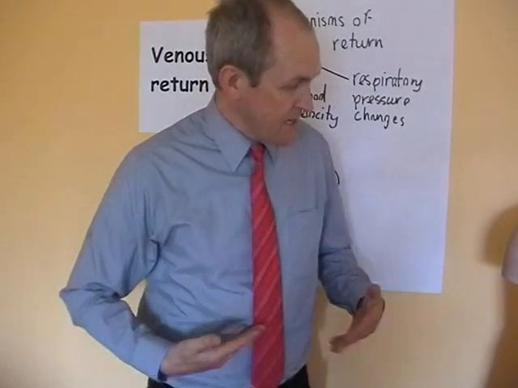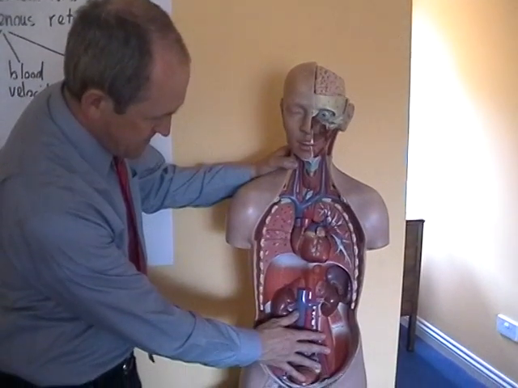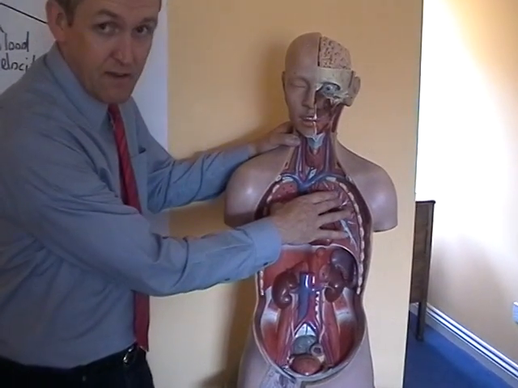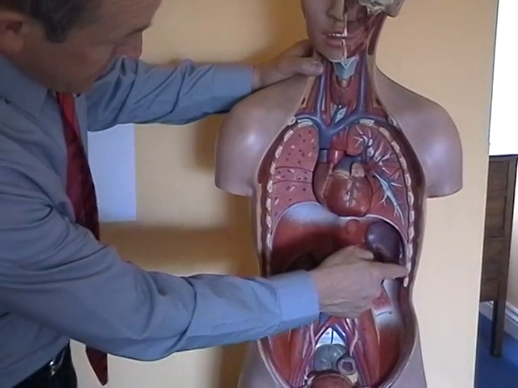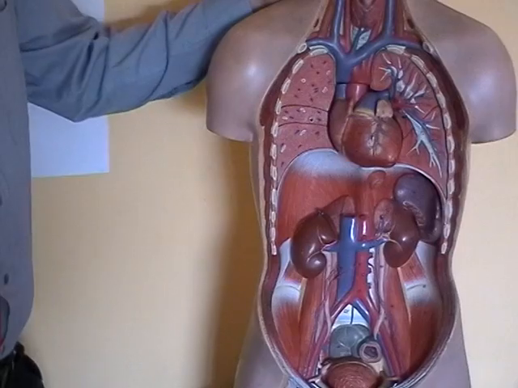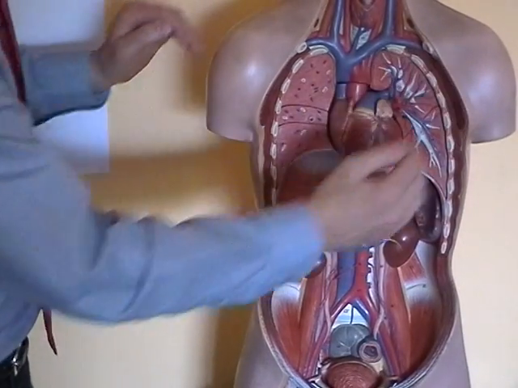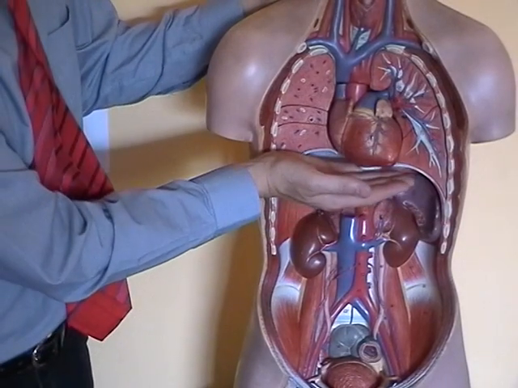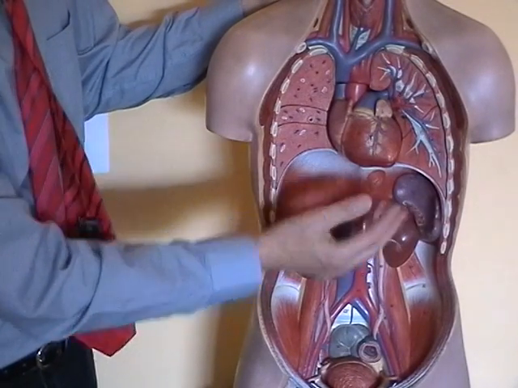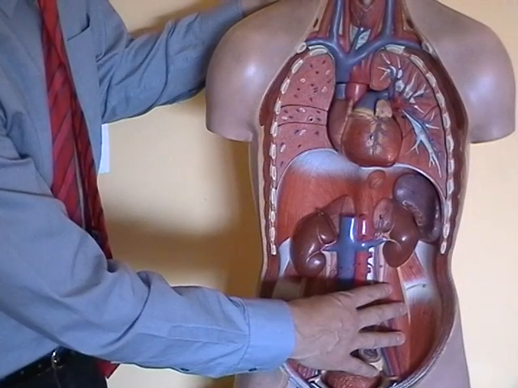Now we can see this fairly clearly on this model. Here we have the abdominal cavity, here we have the thoracic cavity, and here we have the diaphragm. Now when you want to breathe in, the diaphragm goes down and the ribs go up and out. Now because the diaphragm is going down, it's increasing the pressure on the contents of the abdominal cavity.